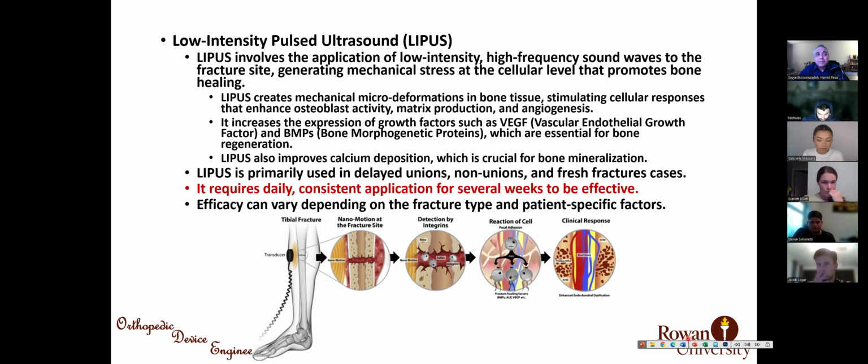Low intensity pulsed ultrasound applies low intensity ultrasound to the fracture site. It must be done on a daily basis and needs several weeks. The way it works is through osteocytes.